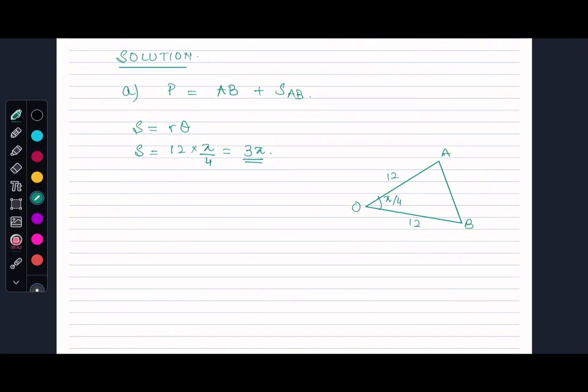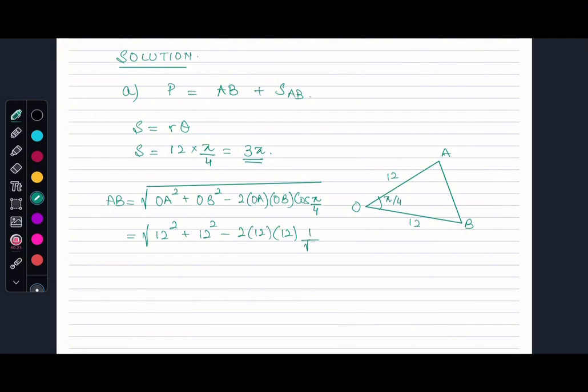So applying the cosine rule, AB should be equal to under root OA the whole square plus OB the whole square minus twice of OA and OB into cos of pi by 4. So this then will be equal to 12 the whole square plus 12 the whole square minus 2 into 12 into cos of pi by 4, which is 1 over under root 2.